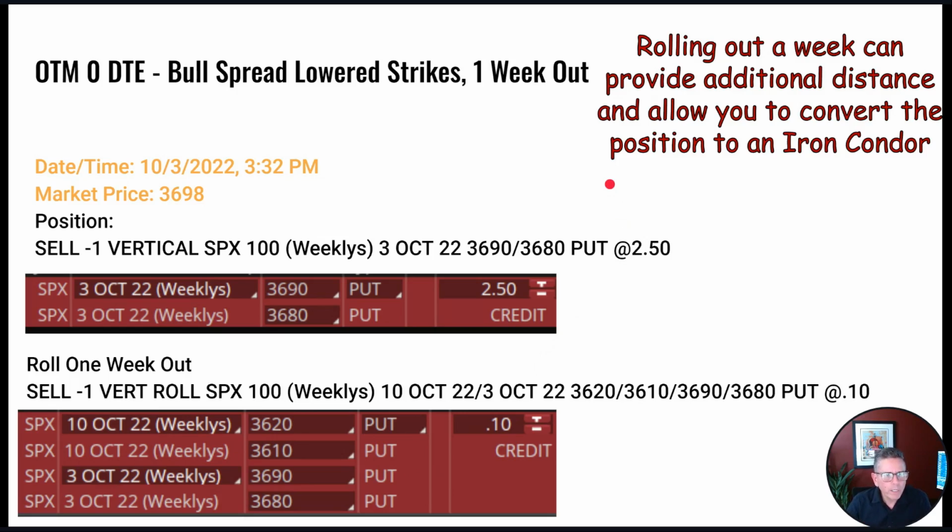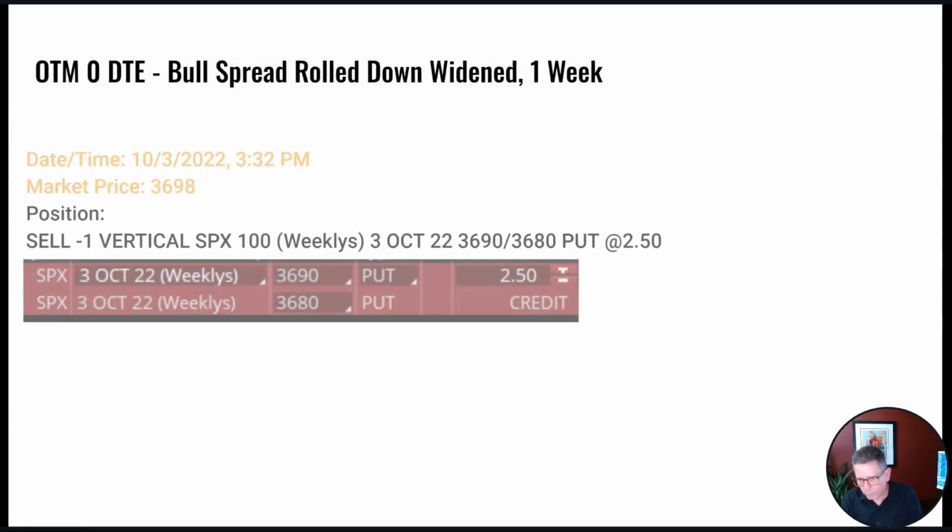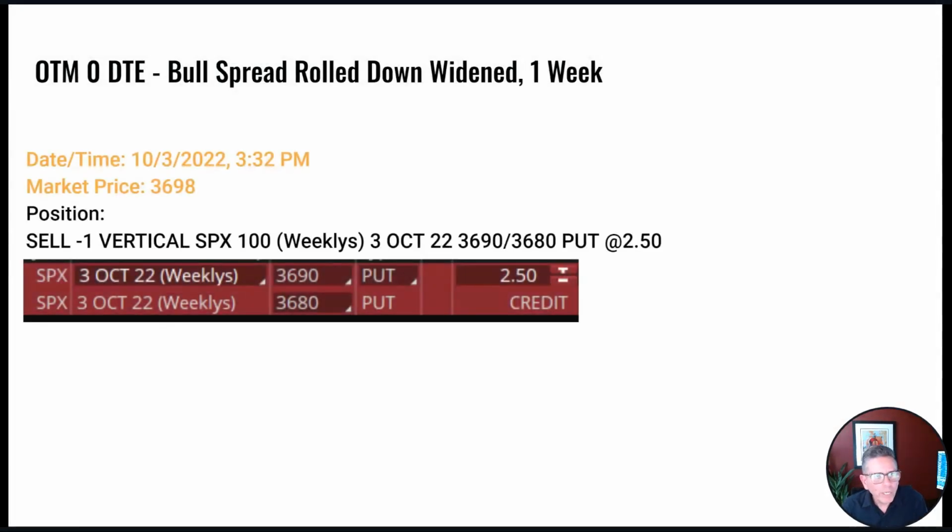It doesn't cost you anything in terms of margin, and it's the best way to trade it, to move a trade out 1 week, and it gives you a lot of distance to manage that.